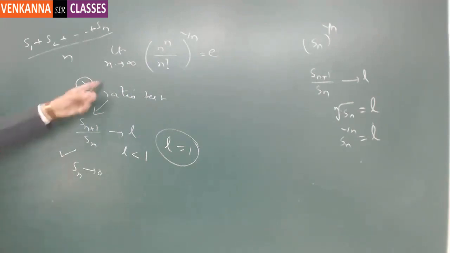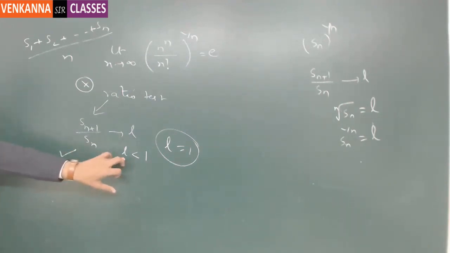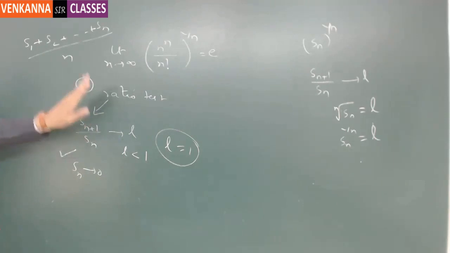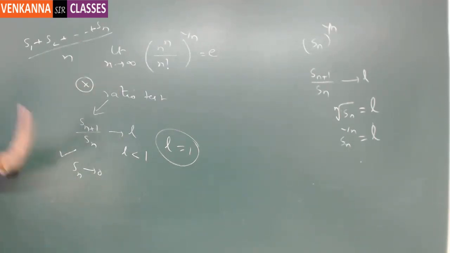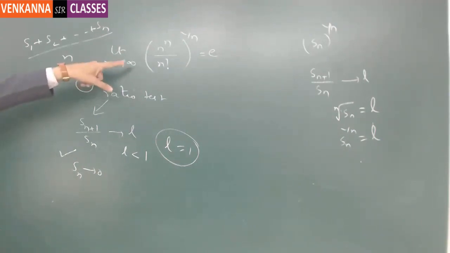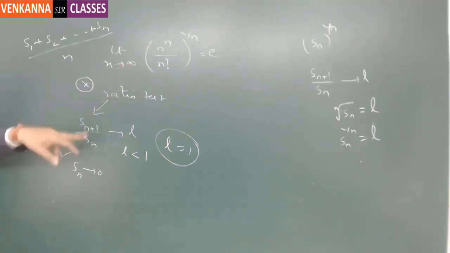That's why you cannot apply the ratio test here. And the statement shows that if the limit is less than 1, the sequence must converge to 0 only, not any other number. But he mentioned that the limit is e, not 0. That's why you cannot apply this technique here. Okay? Fine.